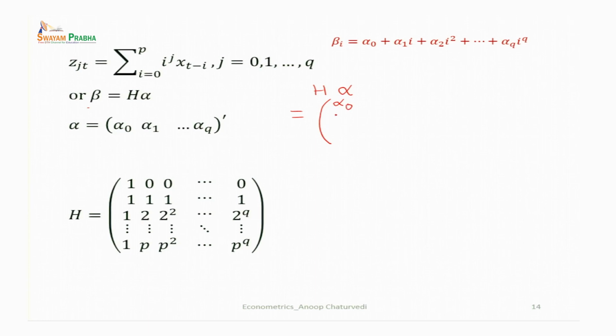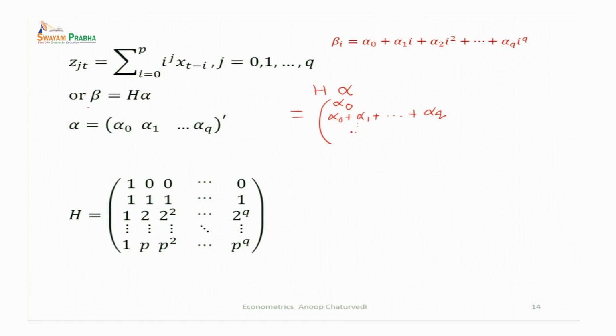Then the second element is 1 into alpha naught plus 1 into alpha 1, so on, plus 1 into alpha q. So, alpha naught plus alpha 1 plus so on plus alpha q. So, again for i equal to 1, what you get? Beta 1 equal to alpha naught plus alpha 1 plus alpha 2, so on, plus alpha q, this second element, and so on.